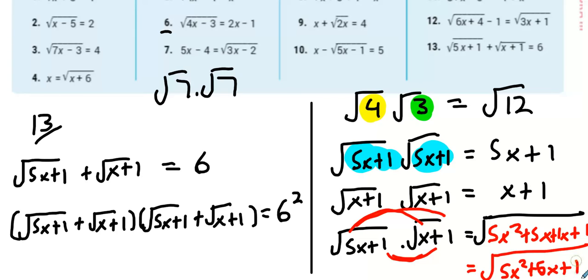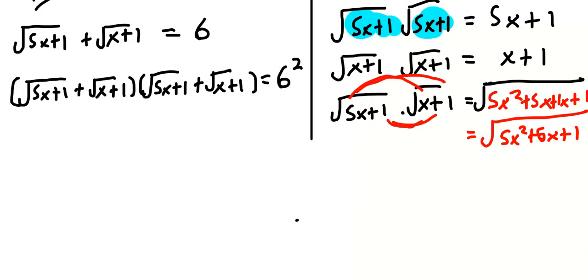Now, what I want you guys to do right now? Okay, so as discussed earlier, green by green, root 5x plus 1 by root 5x plus 1 is just 5x plus 1. All right, next one. Blue one here.